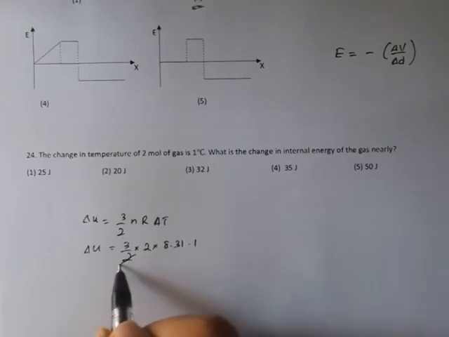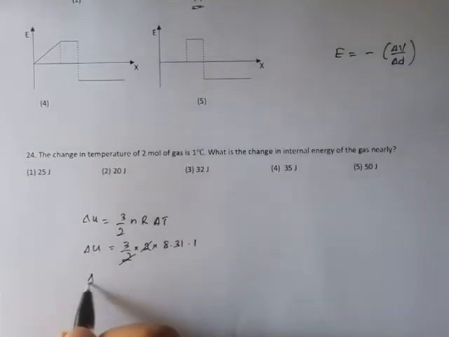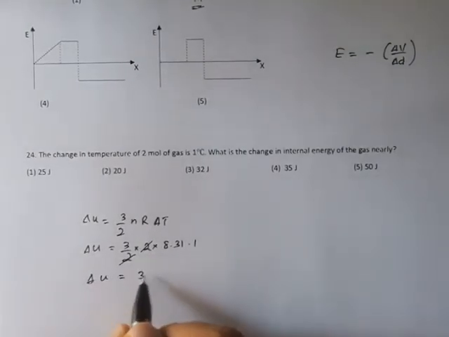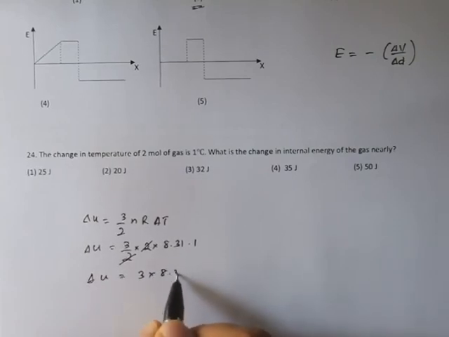Okay, so the 2 cancels off, so delta U equals 3 times 8.31.